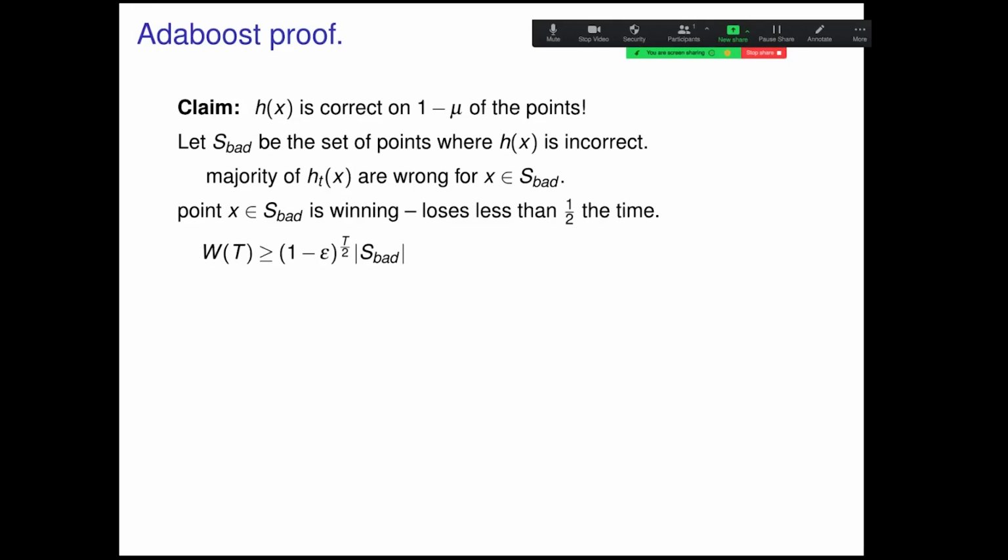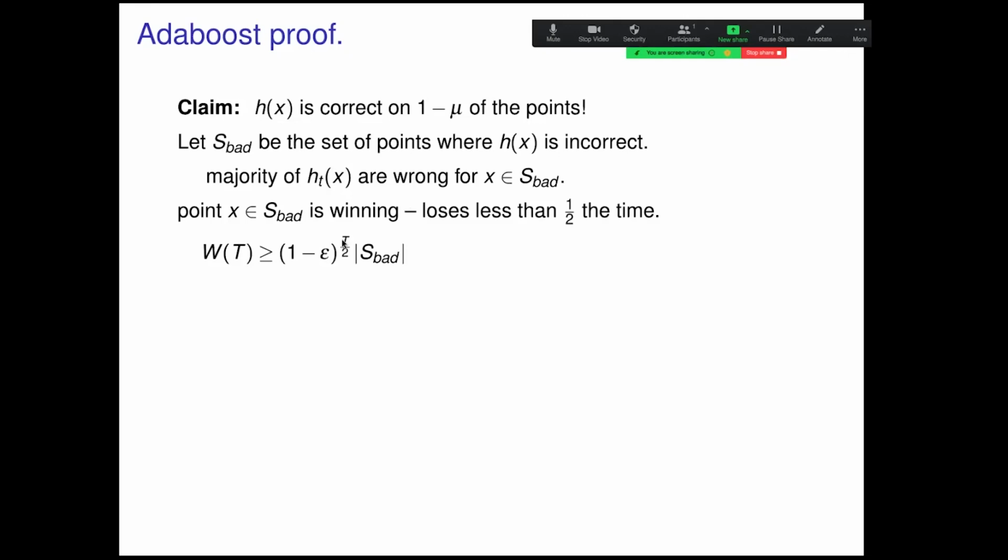And it says at least half the times it was classified incorrectly, and therefore it wasn't multiplied by 1 minus epsilon. It just stayed the same. So at most half the times it is multiplied by 1 minus epsilon. So that's what this says. For each bad point, it's only multiplied by 1 minus epsilon, t over 2 times.